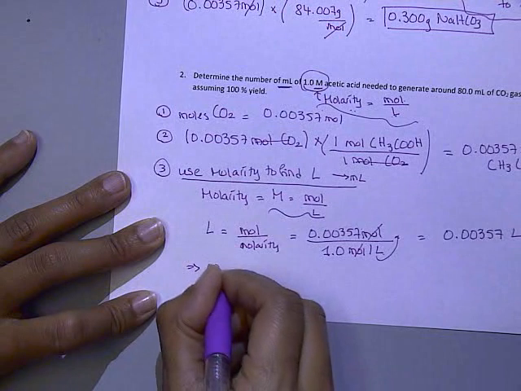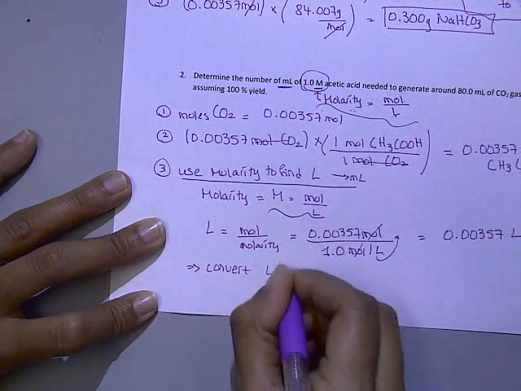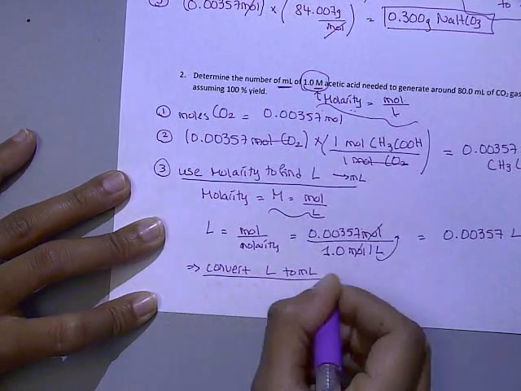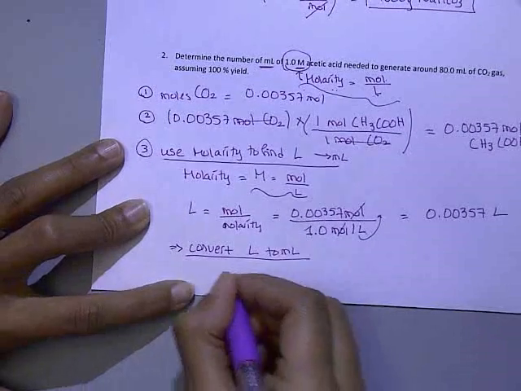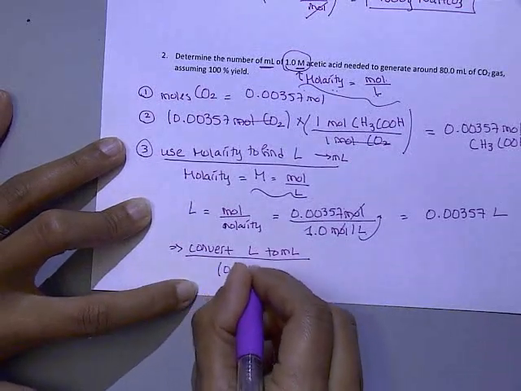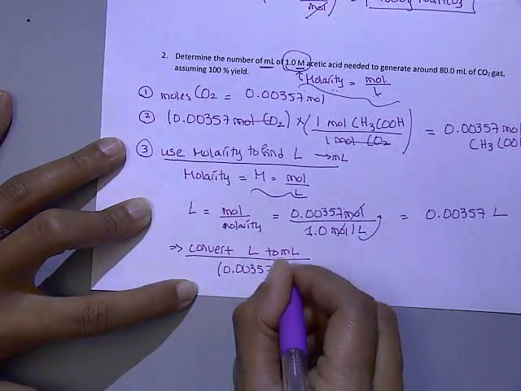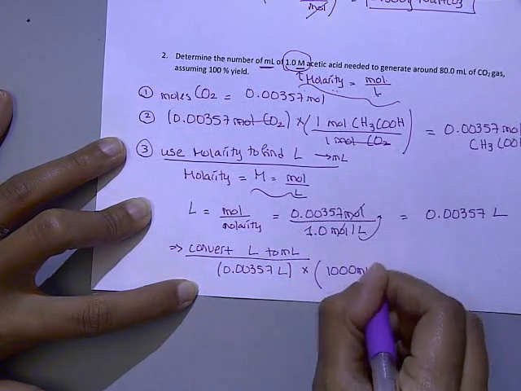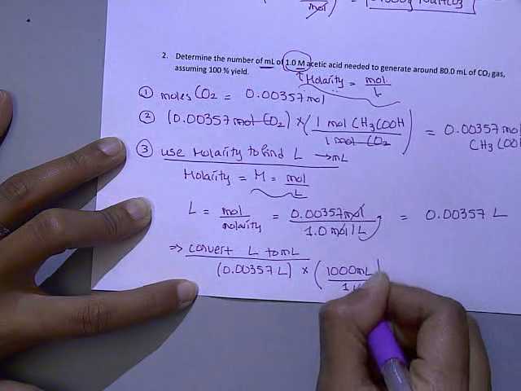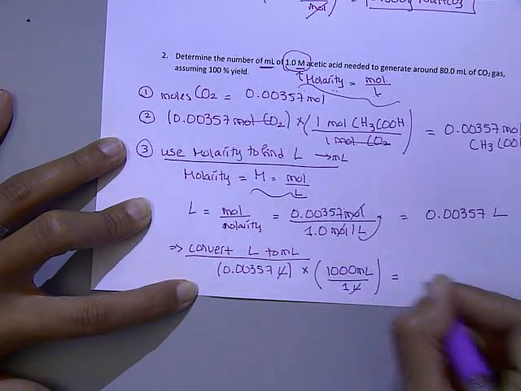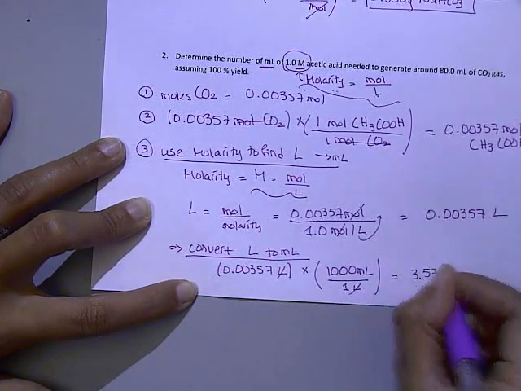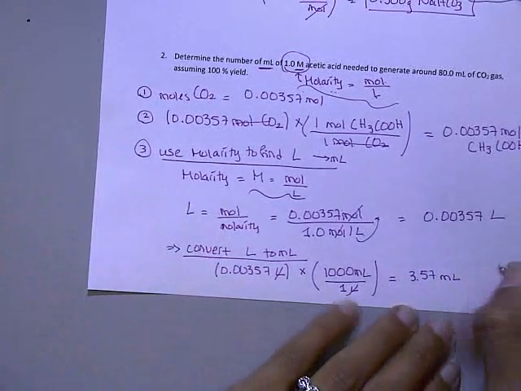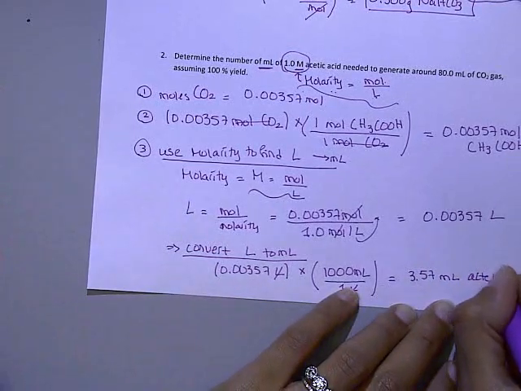Now I need to convert liters to milliliters, so this is going back to chapter 2, beginning of the semester. 0.00357 liters times, I know there's 1,000 milliliters in 1 liter, and I find out that I need 3.57 milliliters of acetic acid.